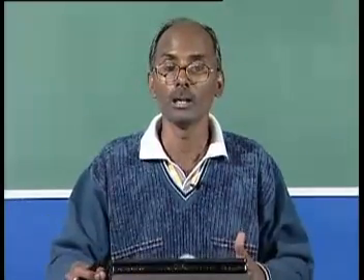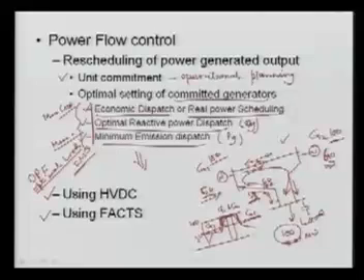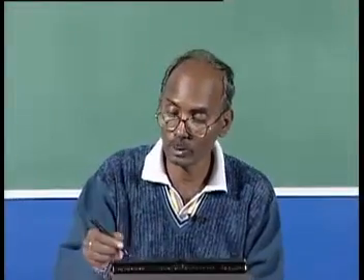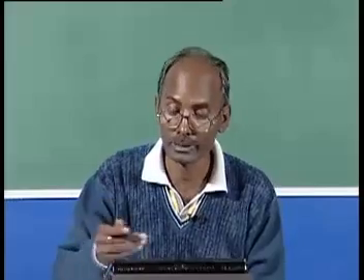Because sometimes, due to this overloading, if you don't have the control capability, you cannot load this generator up to this level. What will happen? Then you have to go lower, and then you have to increase here, so that you do not exceed the rating of this line. And finally, you are not meeting your minimum cost of operation, because you are going to use your expensive generator more than your cheap generator.